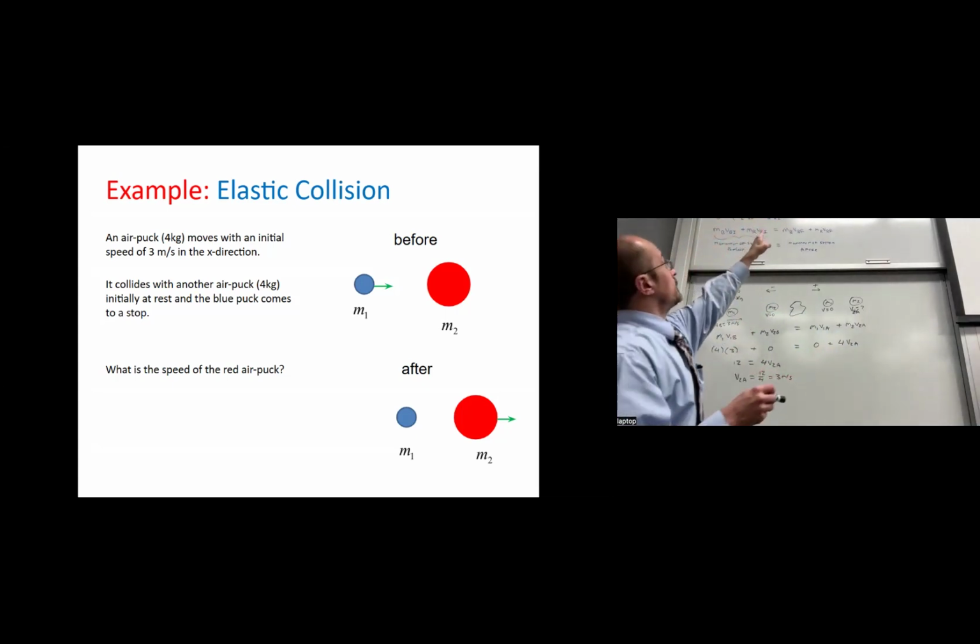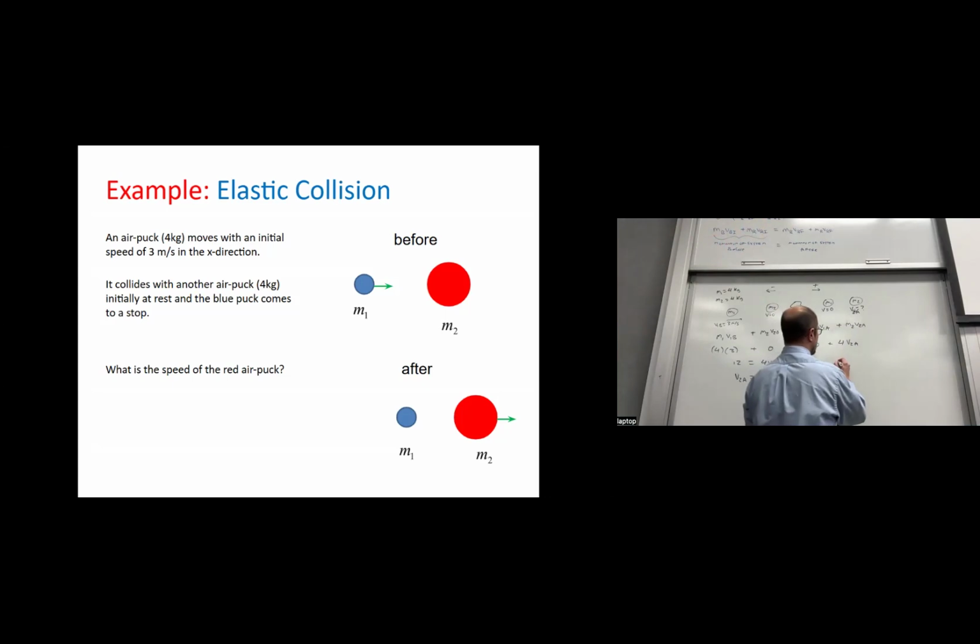Now, looking back up over here, I did have this equation written at one point, that delta P blue plus delta P red have to add up to 0. So when we're looking at this, we remember that this is MV final minus MV initial.